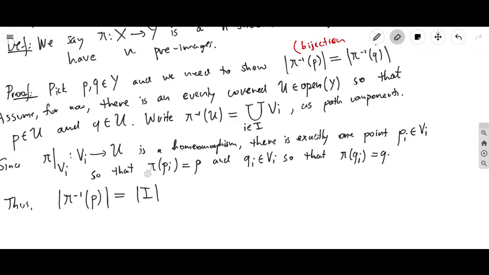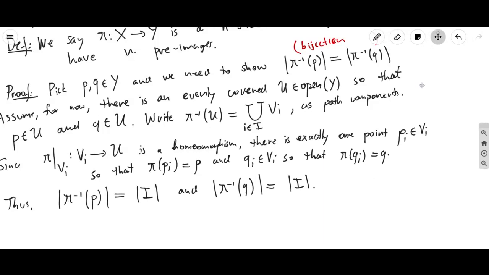So the collection of all of the points that get mapped to P are exactly these p_i's, but every single one of them is coming from V_i. So you can index them using this indexing set I. And the same thing is also said with the other one. So this would also be I. And then from here, the proof would be complete. Both of these therefore have the same cardinality.